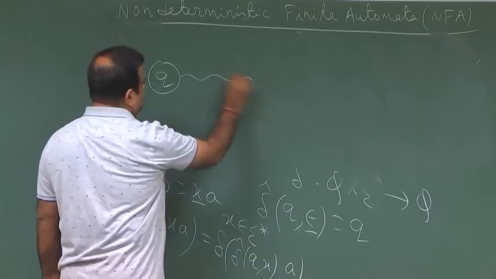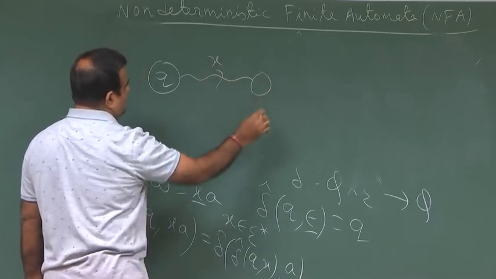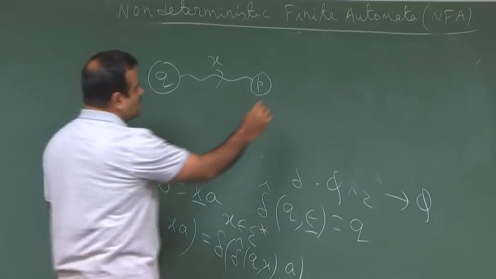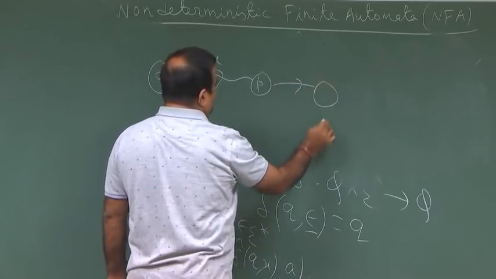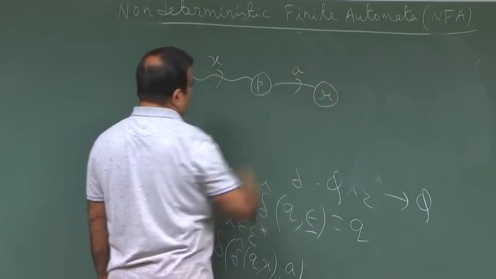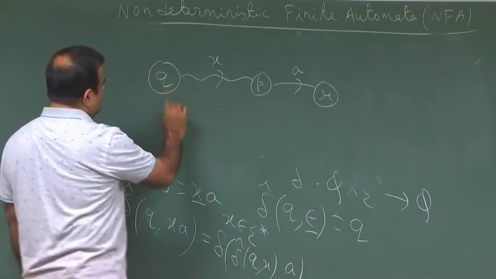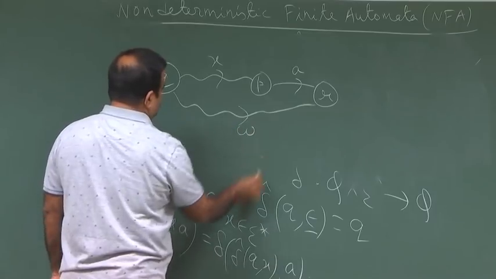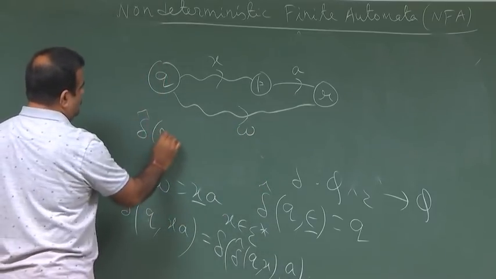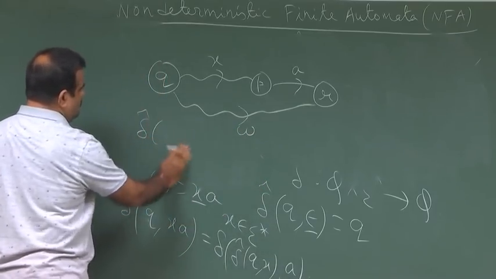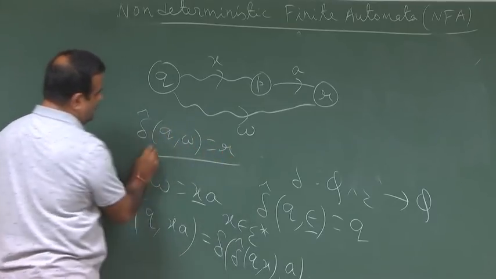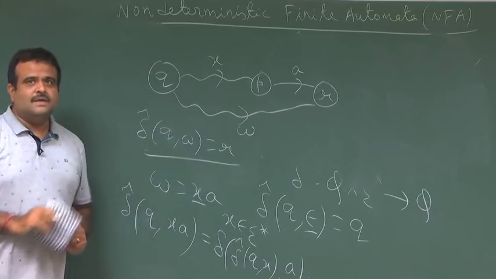We first read x, and suppose we are going to a pth state, and then from here if it is going to the rth state by a. So this is nothing but delta hat of q comma w is r. This is the recursive way.